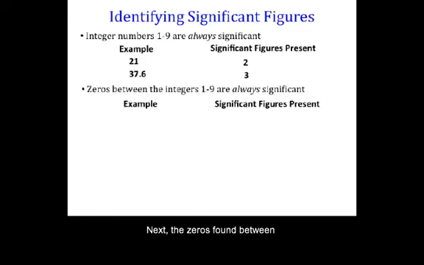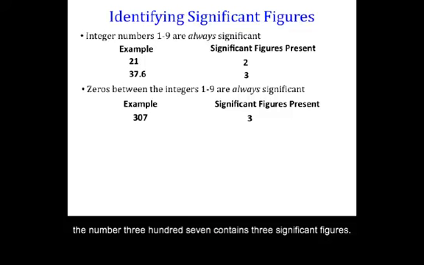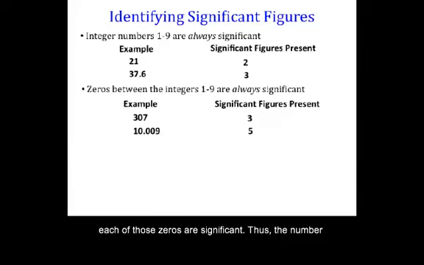Next, the zeros found between integers 1 through 9 are always significant. For example, the number 307 contains three significant figures. If we have more than one zero between two integers, each of those zeros are significant. Thus, the number 10.009 contains five significant figures.